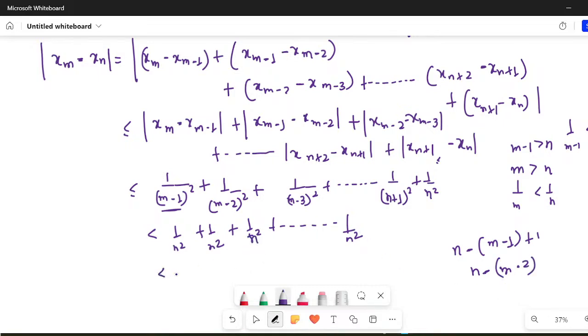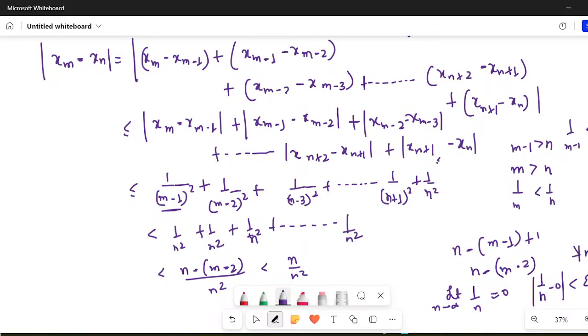So this would be less than (m−n) divided by n square, and it will be less than m upon n square. And I know that the limit as n tends to infinity of 1 upon n is 0, so 1 upon n minus 0 can be made less than epsilon for all n greater than or equal to n naught, isn't it?